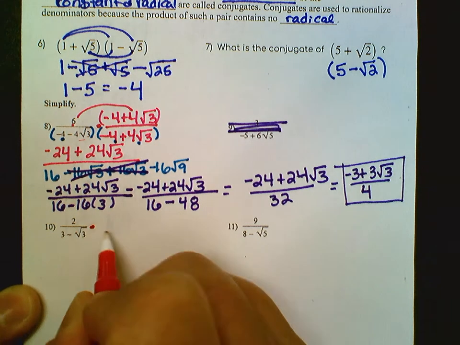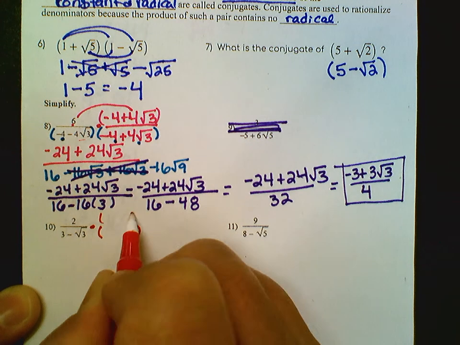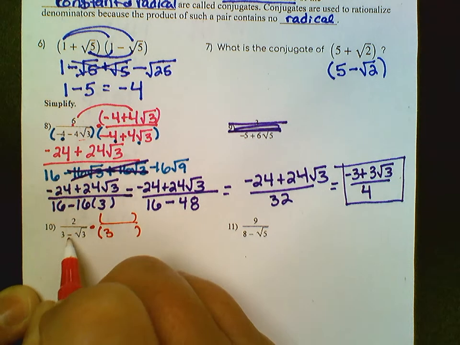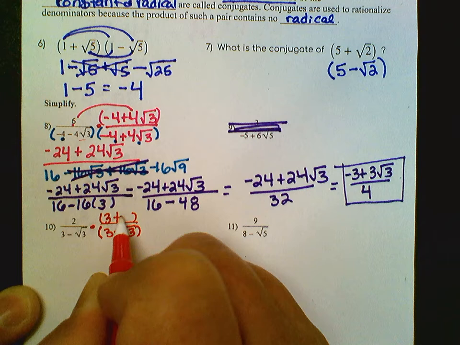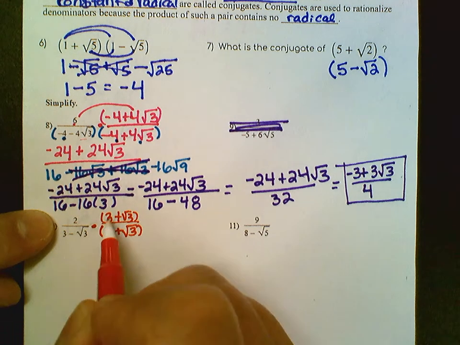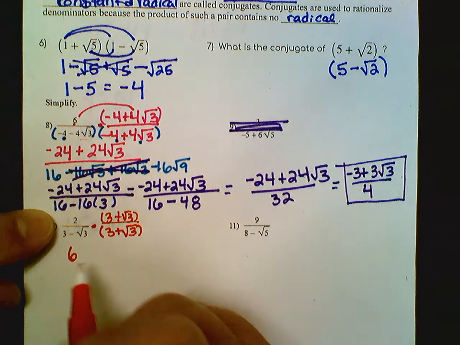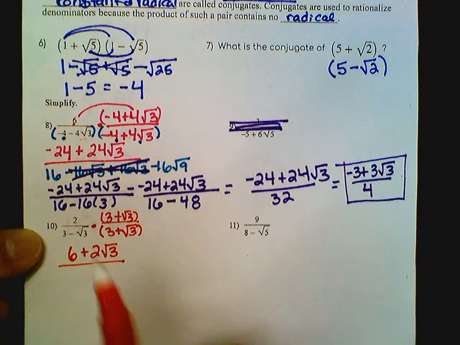For this example, I am going to multiply the numerator and the denominator by 3, changing that minus to a plus, the conjugate. And so now let's see what happens. Distribute. 2 times 3 is 6. 2 times the square root of 3 is 2 times the square root of 3.